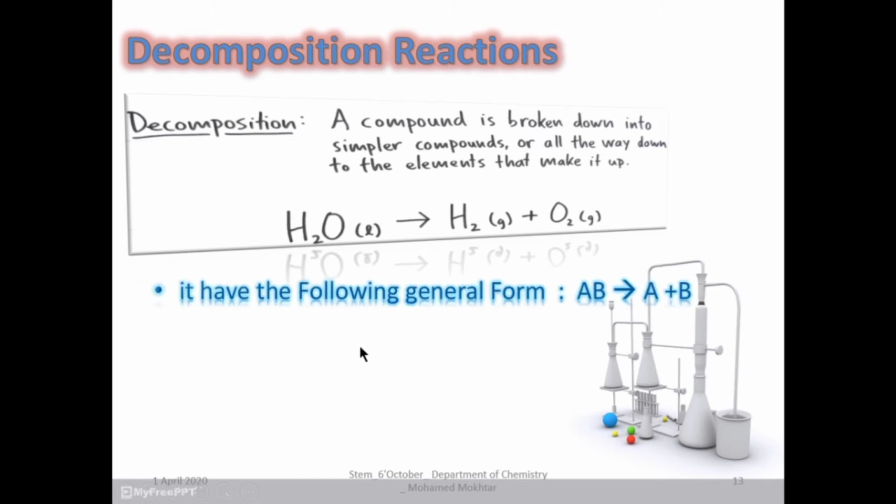We can write a general form: AB gives us A and B. In our life, the digestion of our food is an example of decomposition reactions.